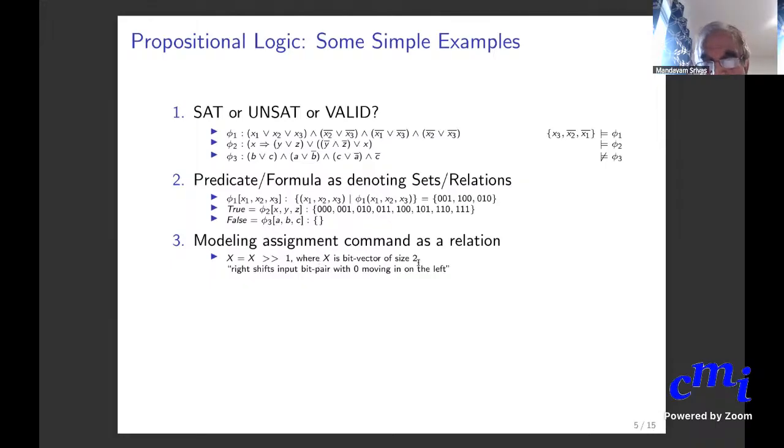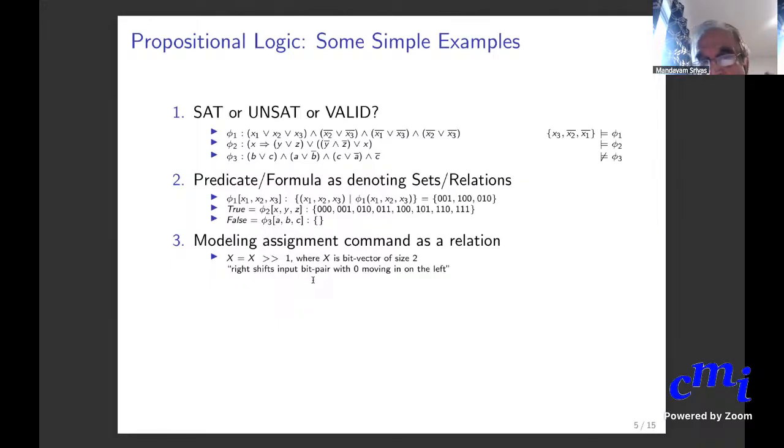X is a bit vector of size 2, and it shifts the input. Actually, I think I might have implemented it as a left shift, although I have written it as a right shift. So the assumption is that it shifts with 0 moving in on the left. That's what we are supposed to model.